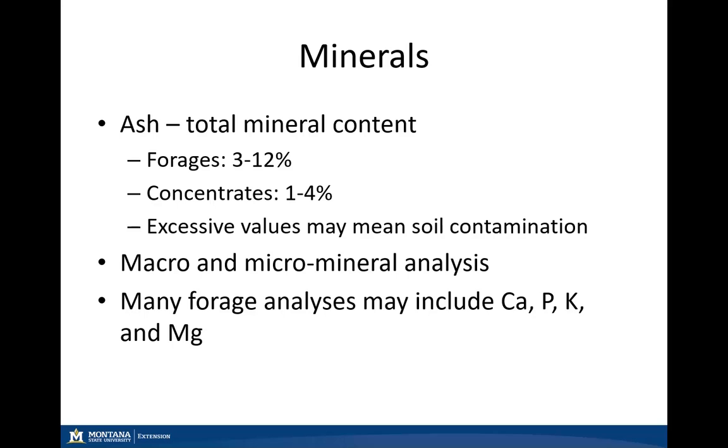Now, for additional cost, we can have separate analysis for all of our minerals, both macro and micro minerals. However, many of our forage analyses include calcium, phosphorus, potassium, and magnesium within their general analysis.